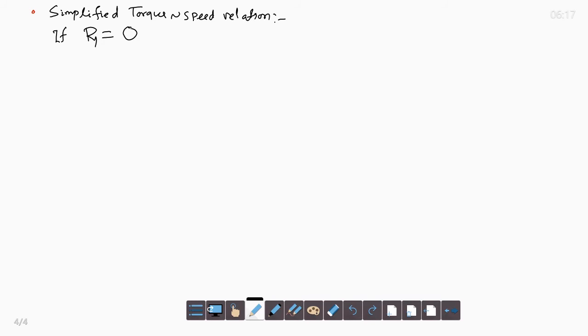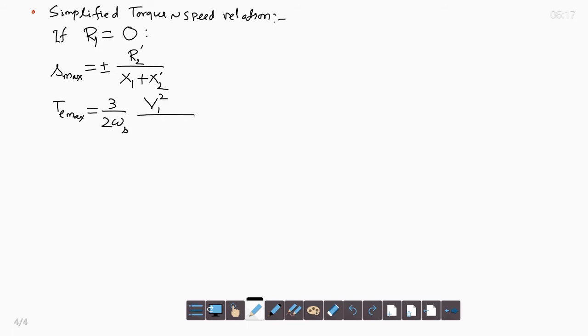Then if R1 is 0, S max, the slip for maximum torque, is plus or minus R2 dash divided by X1 plus X2 dash, and TE max, the maximum torque, is 3 by 2 omega s into V1 square divided by X1 plus X2 dash.